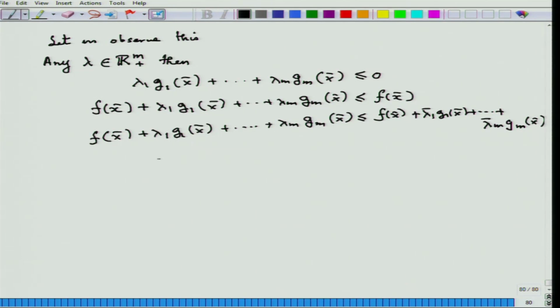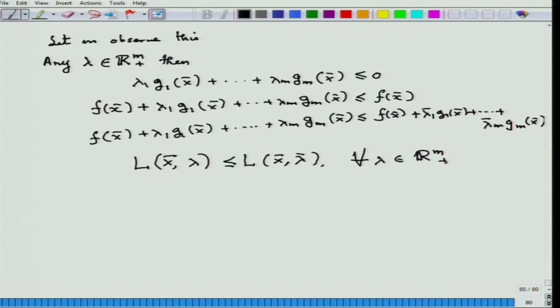So, what I have proved here is L of x bar, lambda is less than or equal to L of x bar, lambda bar for all lambda in Rm plus.